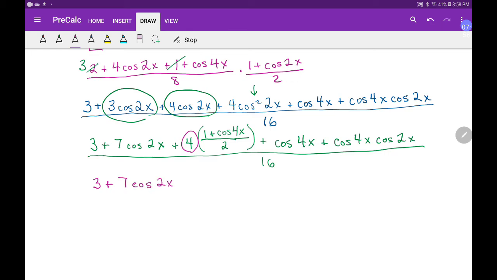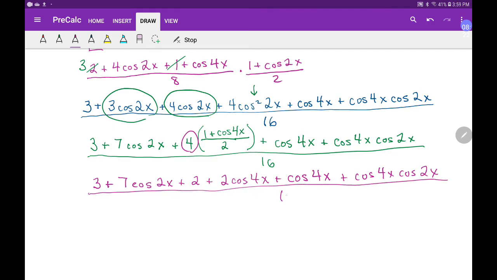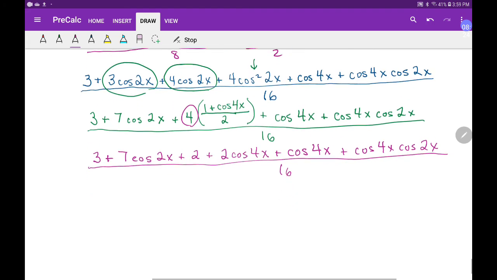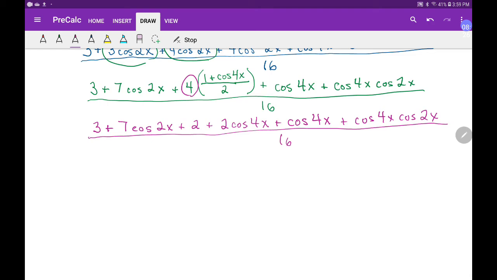The 4 cancels with the 2, and I get 2 times 1 is 2, plus 2 cosine 4x plus cosine 4x plus cosine 4x times cosine 2x over 16. And then I say, okay, I can simplify this a little bit more.